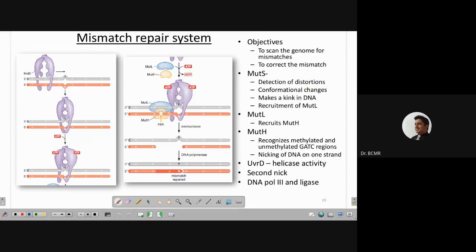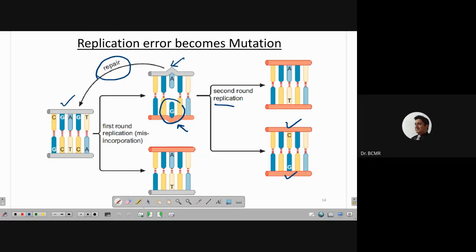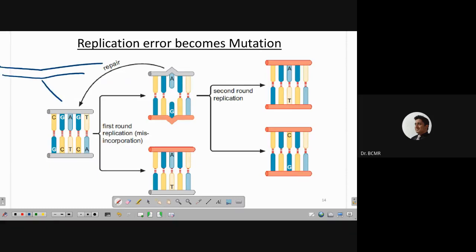I think we are supposed to have a discussion from here on. Along with replication, as long as the replication is going ahead, say this is a replication fork and this is the newly synthesized DNA, and these are the proteins involved in replication, moving in this direction.